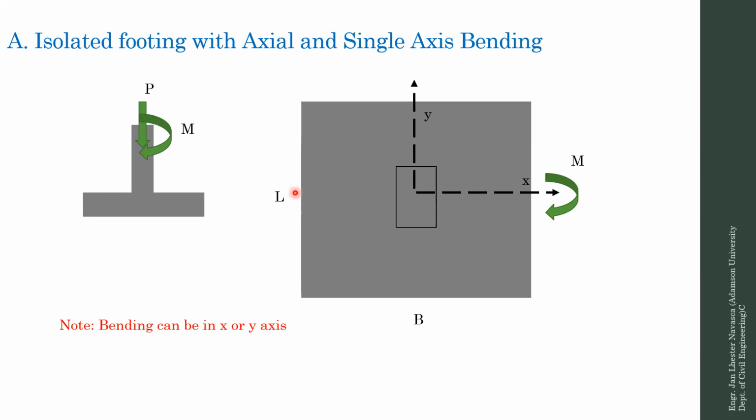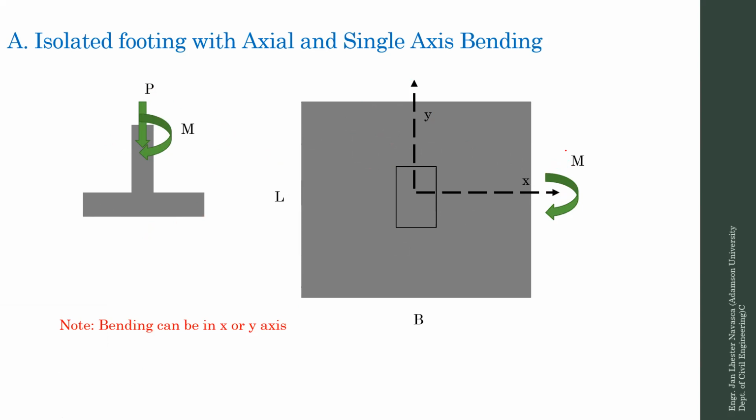So ito single axis lang. So bending can be in x axis or your bending can be in the y axis. So ito yung itsura niya dito. So ito pwede tong nandito sa taas. And wala to. So pwede yun to. Basta bending in the single axis only.